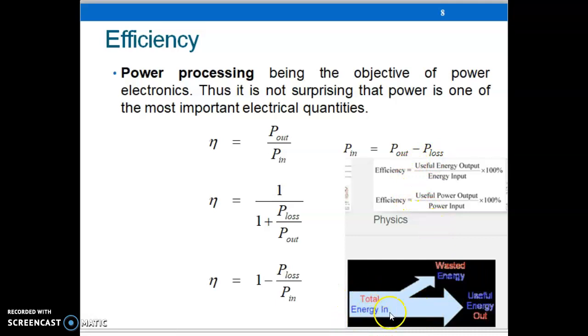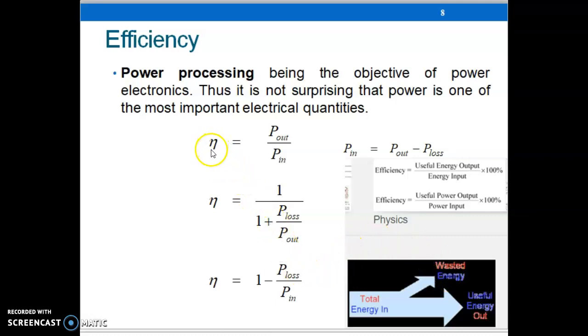You can see here the total energy in, which if we consider as 100%, the energy out, after we convert, maybe we reduce the voltage or increase the voltage. So we expect that the output, which is P equal to VI, the output power is at the highest possible. It means that the wasted energy, which is converted into heat, should be reduced as much as we can.